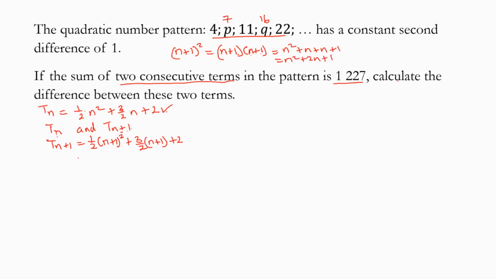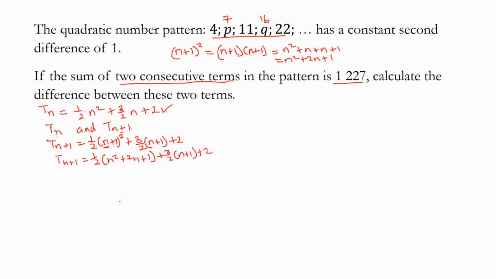But remember, I've always told you that with square binomials you can square the n, which becomes n squared, then take the sign plus, then 2 times n times 1, which is 2n, and the last term is always positive, 1 squared is 1. See that? And then plus 3 over 2 times n plus 1, plus 2.